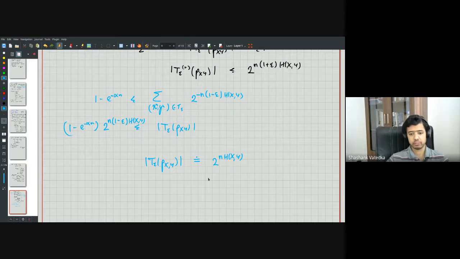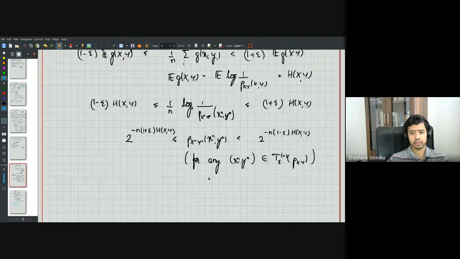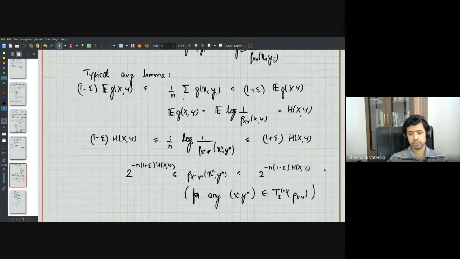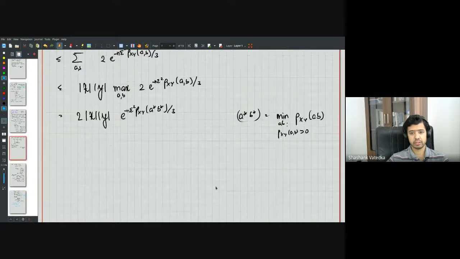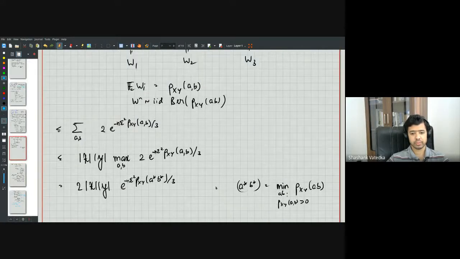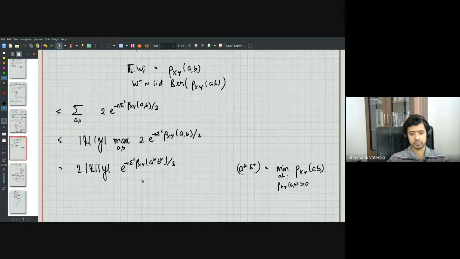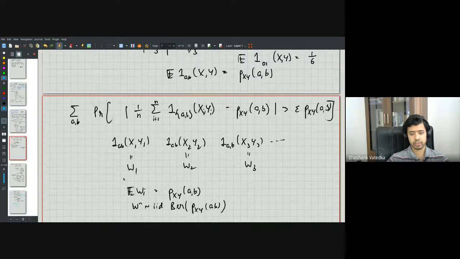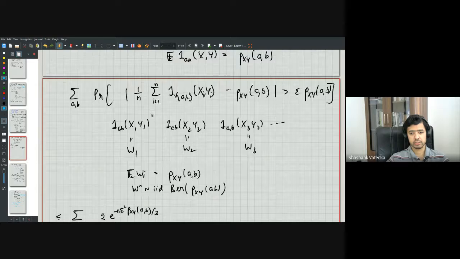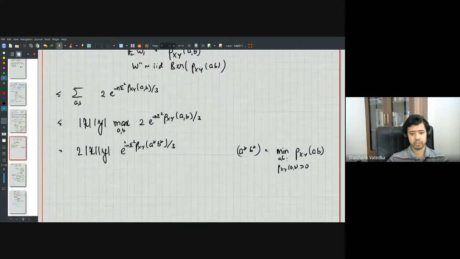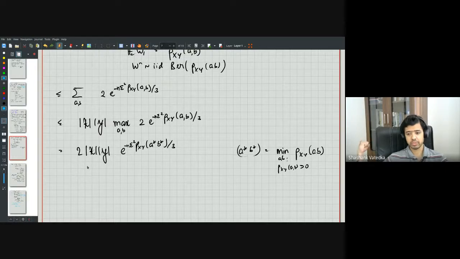So with this, we have both upper and lower bounds on the size of the typical set, the probability that a pair of sequences is typical, as well as the probability that a random pair of sequences is typical. Right. So note that there's a difference. This bound corresponds to the probability that a random pair of sequences lies in the typical set.